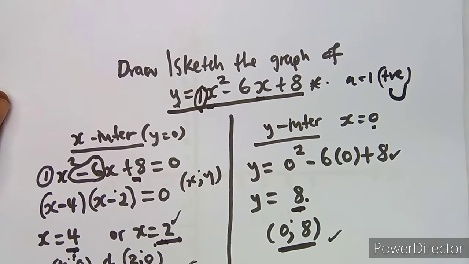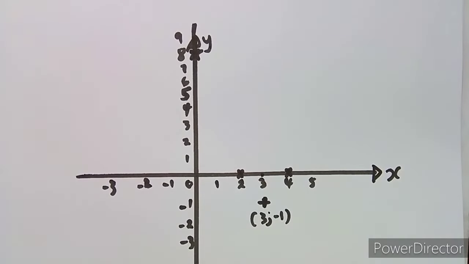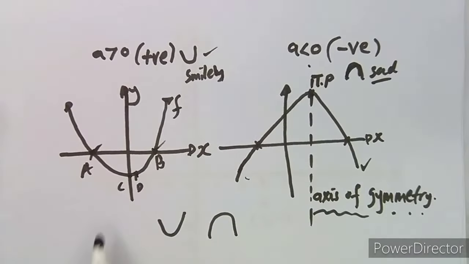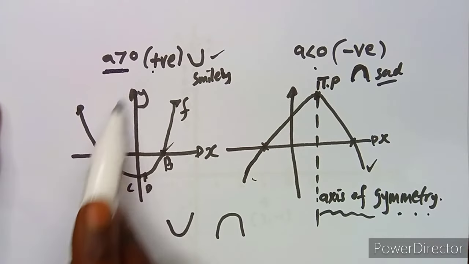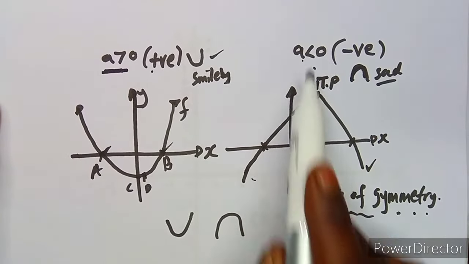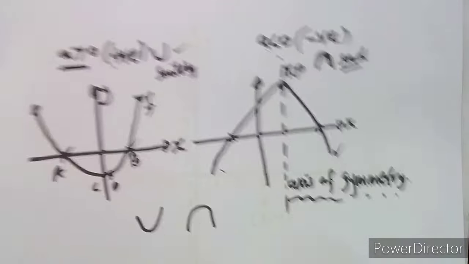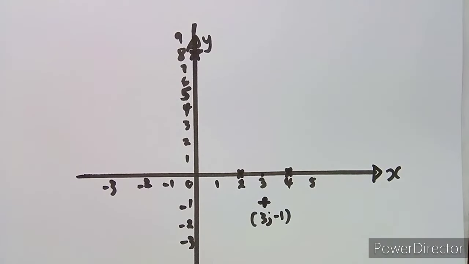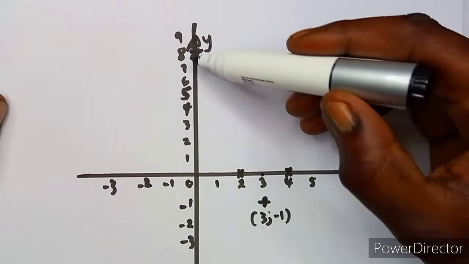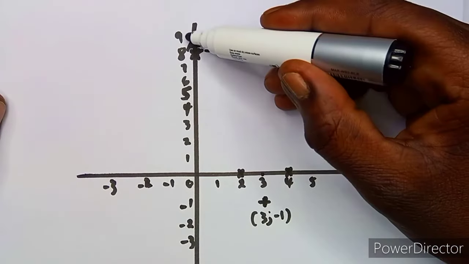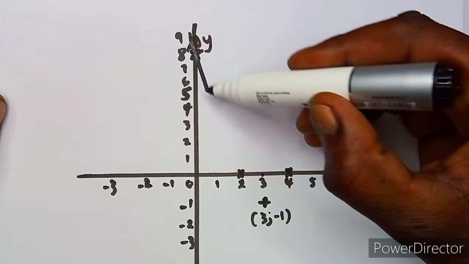It's going to be a smiley one, okay? So our graph, just like what we did here, guys, if you still remember, that's what we said. a determines the shape. If it is a positive, it is going to look like this. If it is a negative, it's going to look like this, okay? So this one is a positive, so which means we are just going to join from this point to this point just to form that graph. So it's going to be like this, guys.